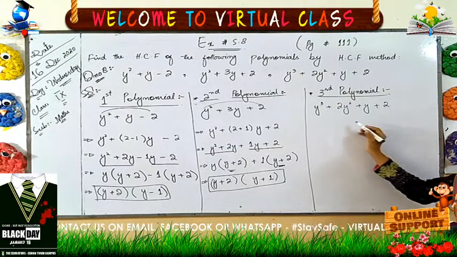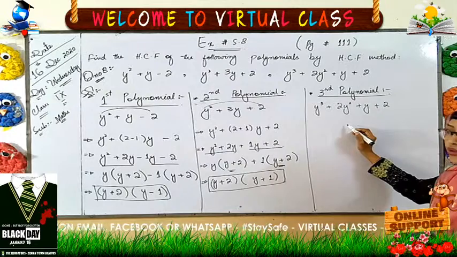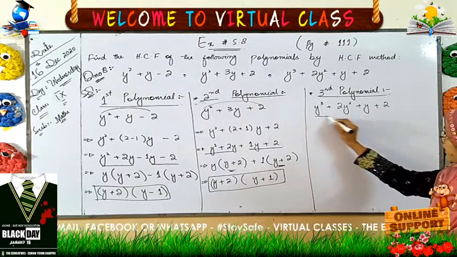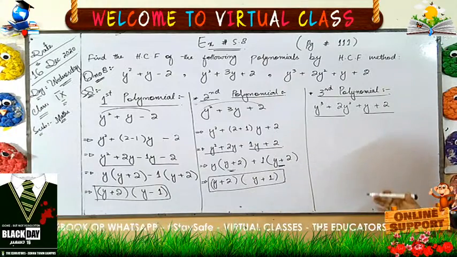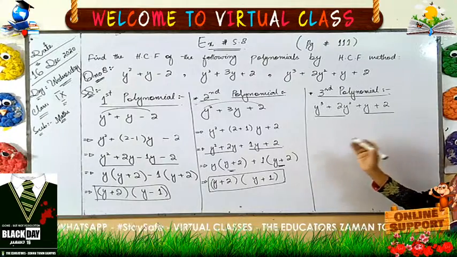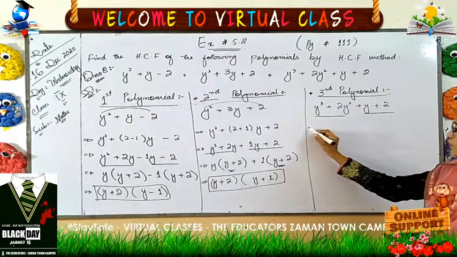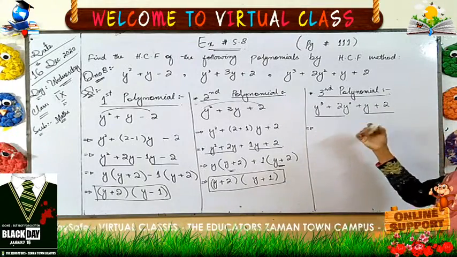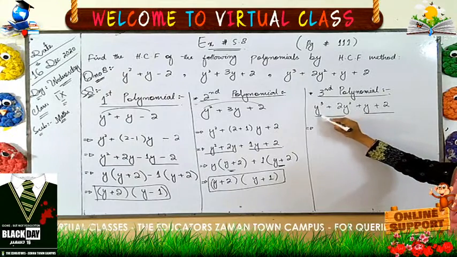So what do we do? Mostly when we are having 4 values, we try to find the common values from the first 2 or last 2. We break the question into 2 values. We make pairs of 2 values, and from each pair we find the common value, the common thing, variable, or constant, whatever we are having. What is common here?